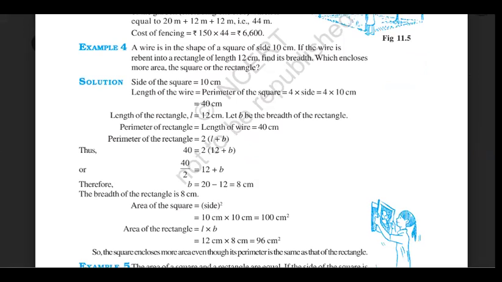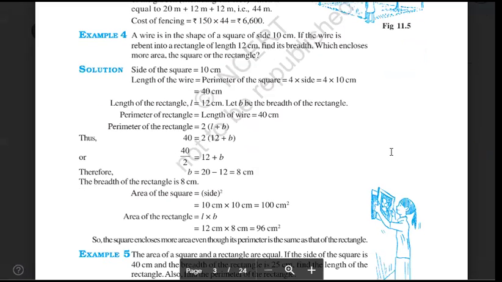Any issue till this point? Any issue? Now try solving question number 5, everyone.